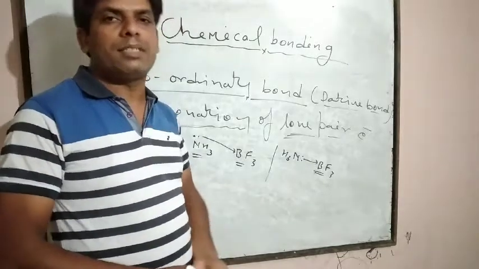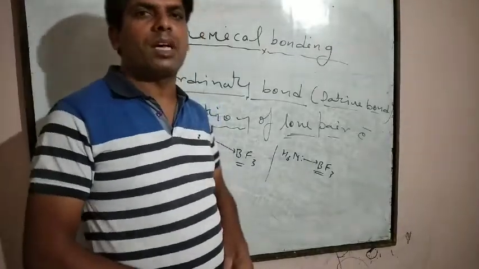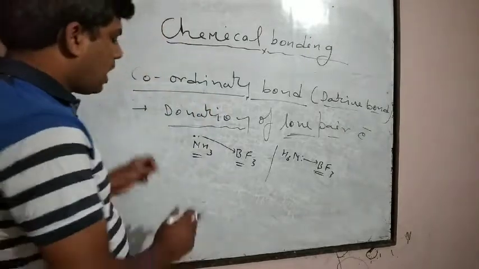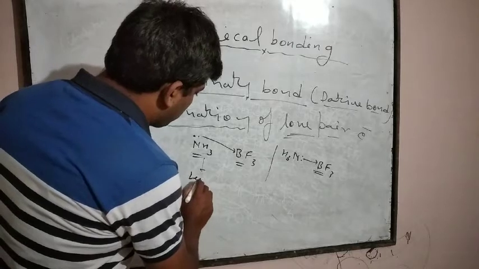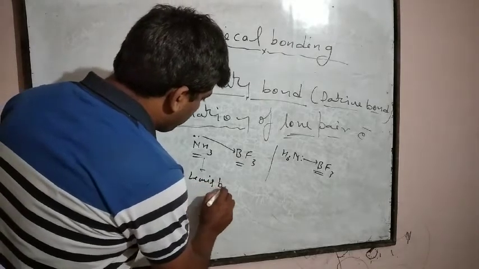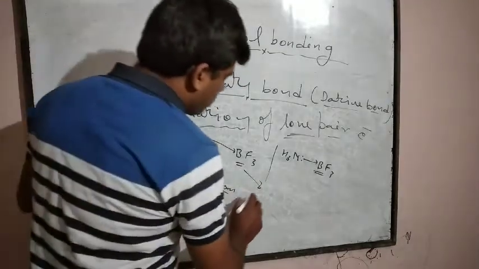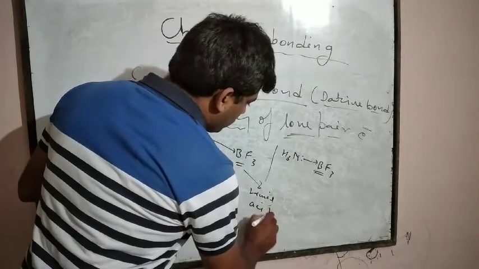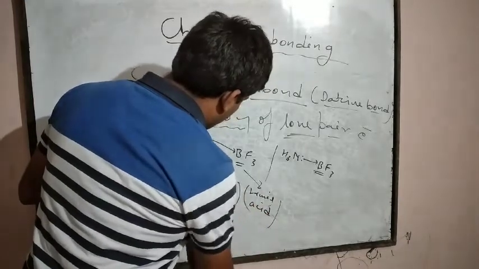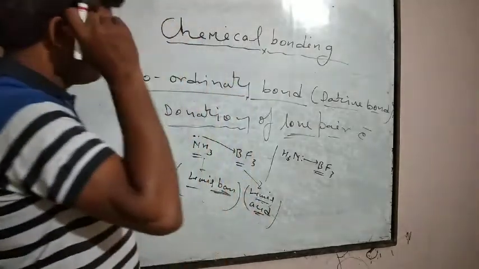Electron sufficient species are Lewis bases and electron deficient species are Lewis acids. Here ammonia is the Lewis base, and BF3 is the Lewis acid.